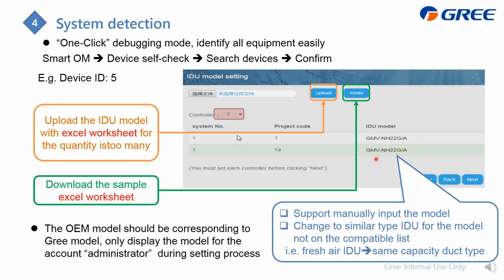And if you find an indoor unit that is not supported by the current billing system, you can manually input an indoor unit of similar capacity to replace it temporarily.